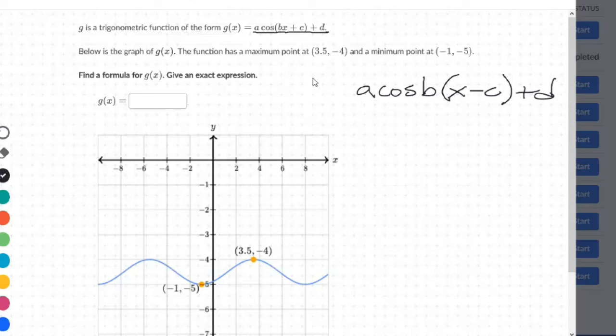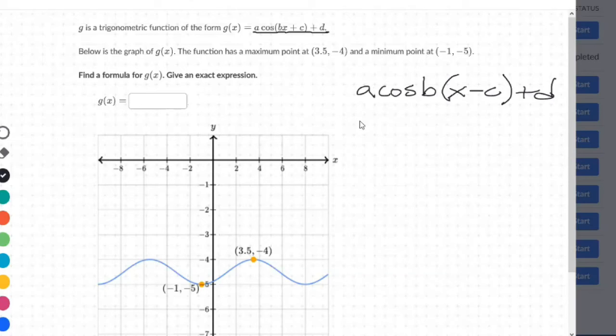So I'm going to start here, this format, and then I'll just rearrange it to this. Okay. And I could put this as a plus if I wanted to, but the reason I put a minus is because remember that phase shift will always be the opposite of what it looks like on the graph.